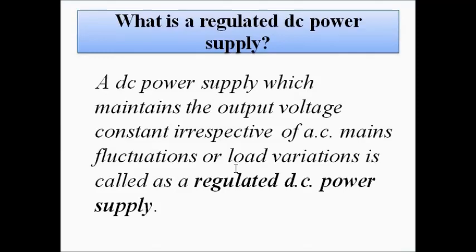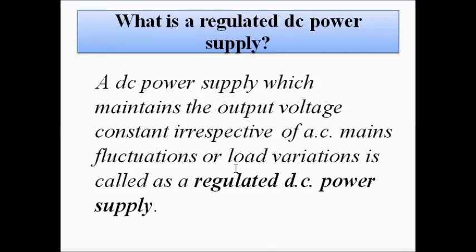Now I already discussed the reason why we need a regulated DC power supply. We all know that the AC supply that we get in our homes in India is 230 volt and 50 hertz frequency. Now there are many electrical appliances which require DC voltage for their operation.